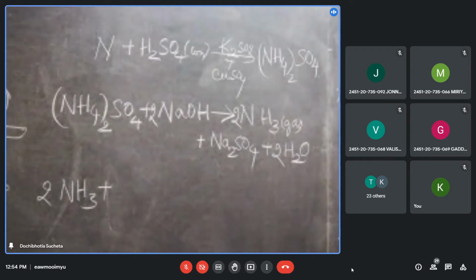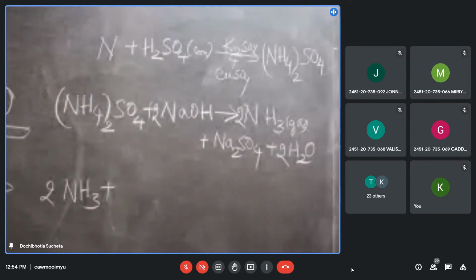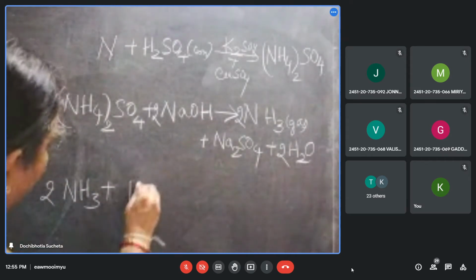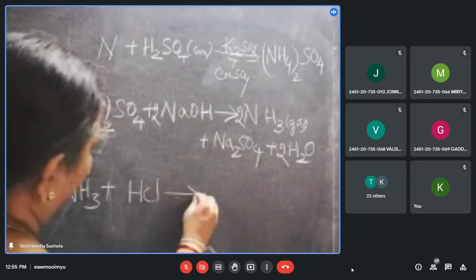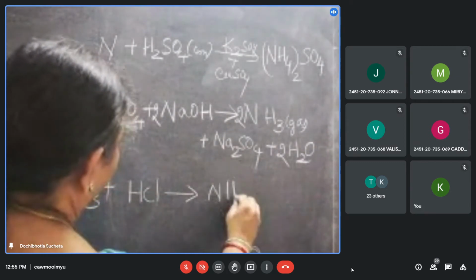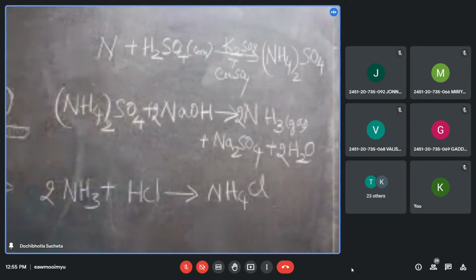Particularly I'll take HCl for convenience. I'm passing the liberated ammonia gas into a conical flask containing, for example, 1 liter of dilute HCl. Ammonia reacts with HCl to form ammonium chloride.